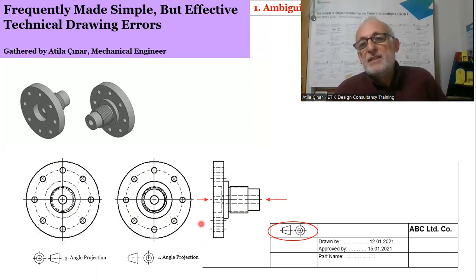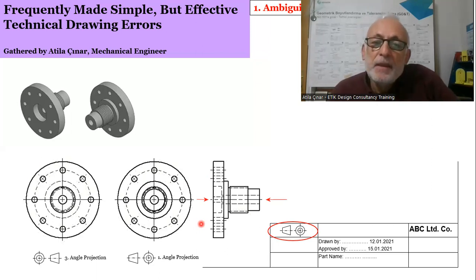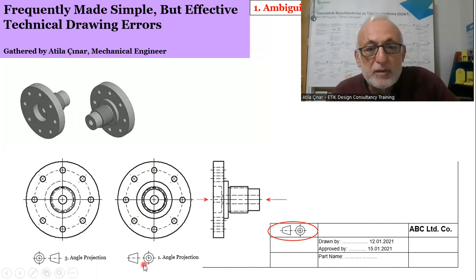So, as a summary, when we are preparing a technical drawing, the people preparing it must show which projection method, first angle or third angle, is used in the drawing by putting the suitable symbol on the label.